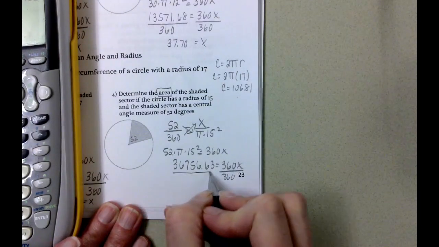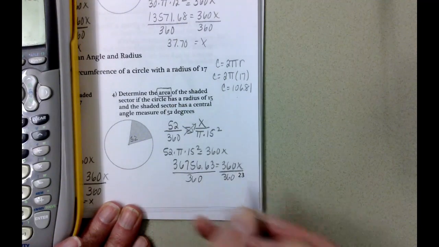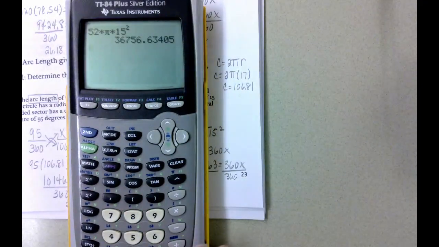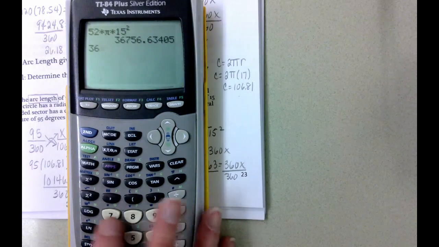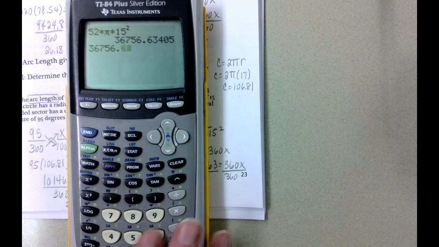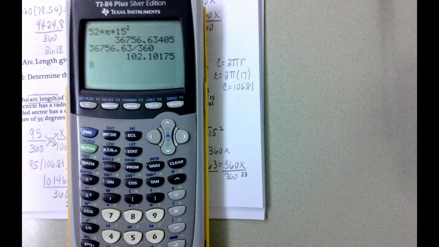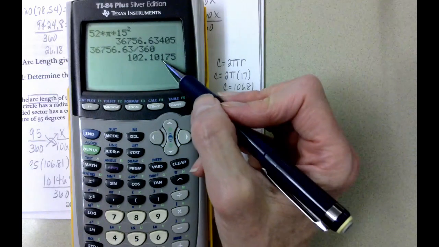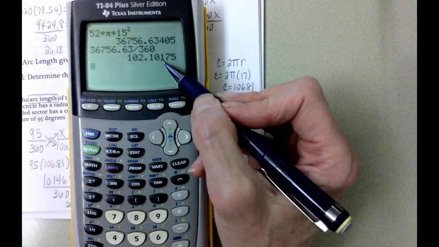Dividing both sides by 360 gives us our area of our sector, which is 102.101, which means we're going to keep our 0 because 1 is less than 5.